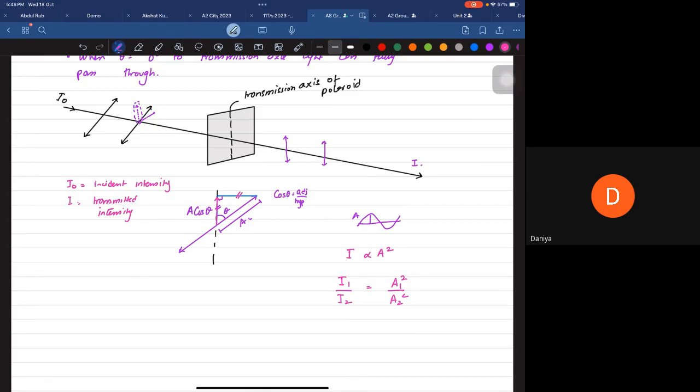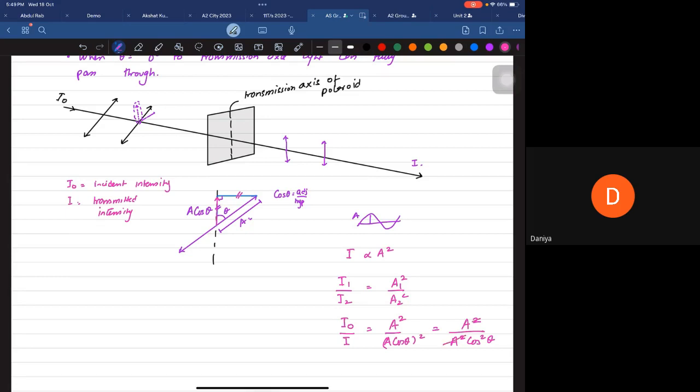Now check this out. The initial intensity was I naught, the final intensity was I. The initial amplitude was A squared, the final amplitude was A cos theta, whole squared. Get it? So can I write it as A squared over A squared cosine squared theta?